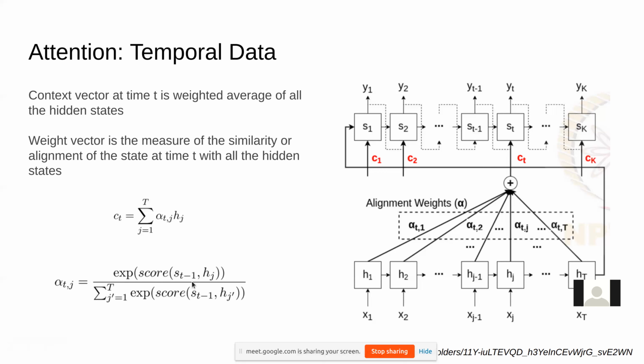The aim of the score function is that the tokens or hidden states which are more important in predicting the current word yt should be given more weight. A simple score function can be just computing the dot product of st-1 with each hidden state. There can be many score functions, and we will talk about those as well.